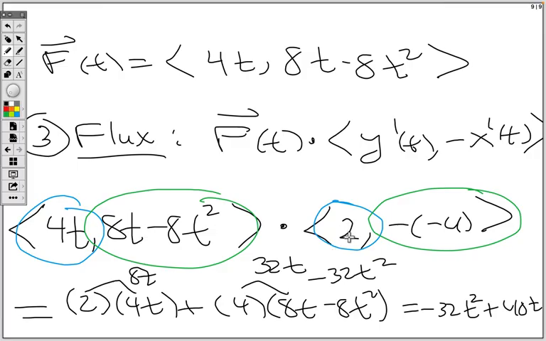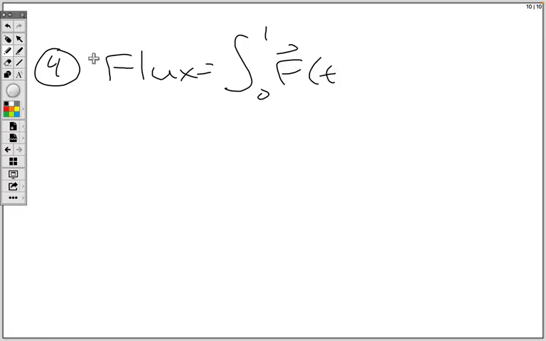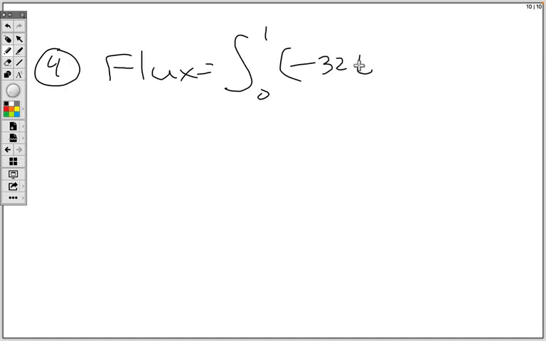So at any given time t, as I'm moving along that line segment, this is giving me how much of the force is in the normal direction. So then to get the flux, I'm going to integrate from 0 to 1 this dot product. So that'll add it all up. Minus 32t squared plus 40t dt.